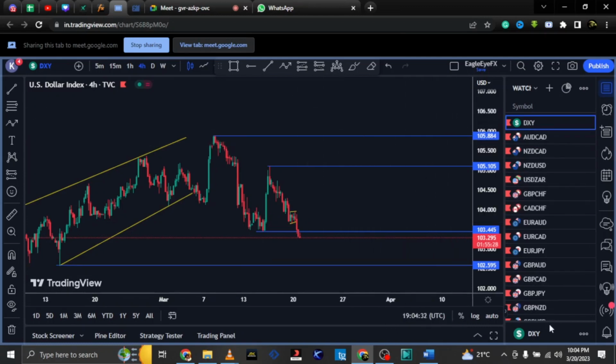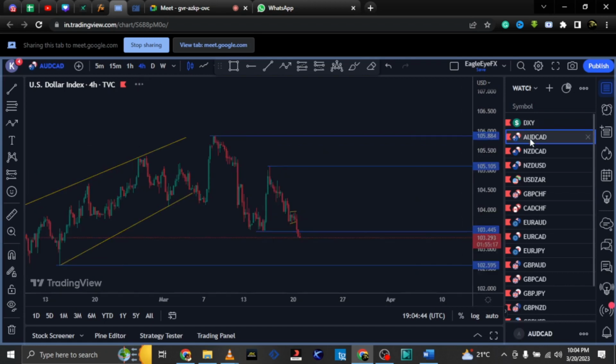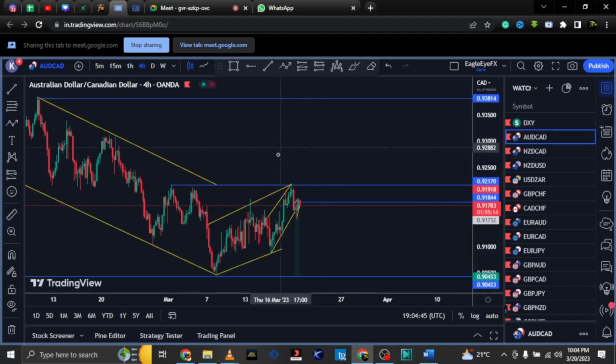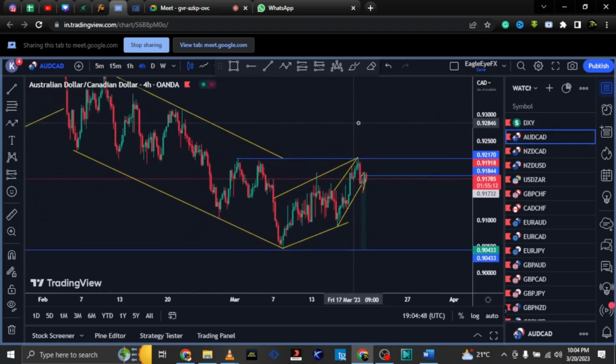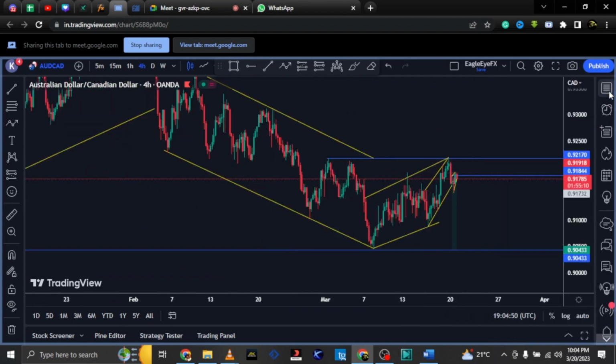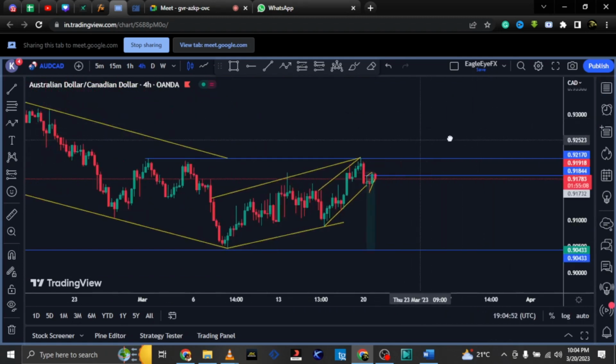So I'm going to be very brief on some of these pairs, and if there's any pair you have on your watch list or would like us to look at, then we'll definitely be happy to look at that. The first pair I'm looking at is AUD/CAD.